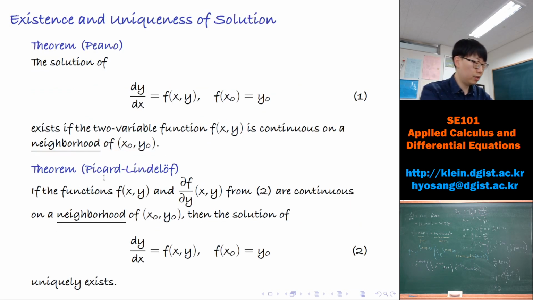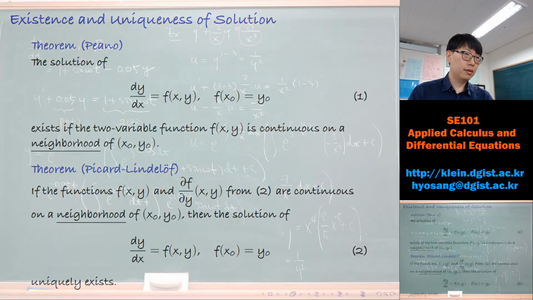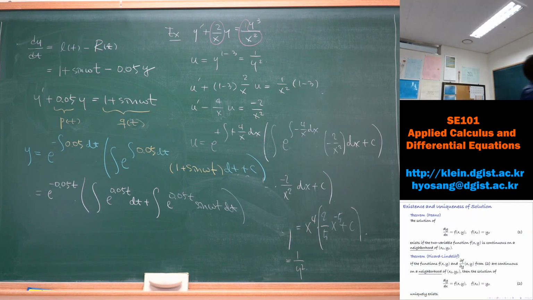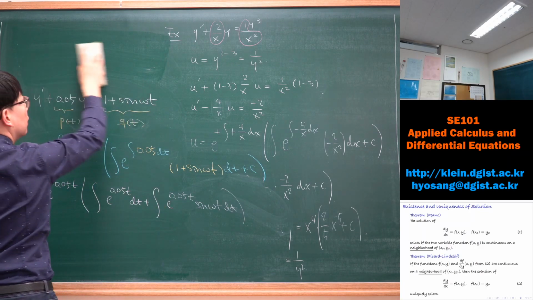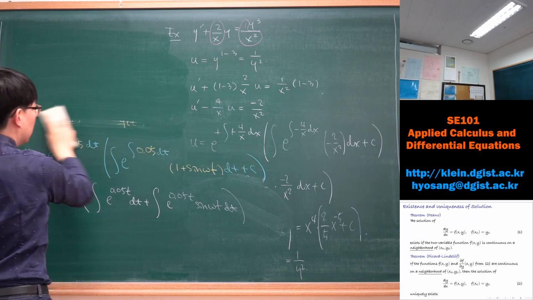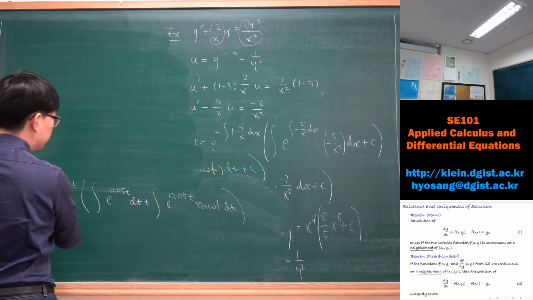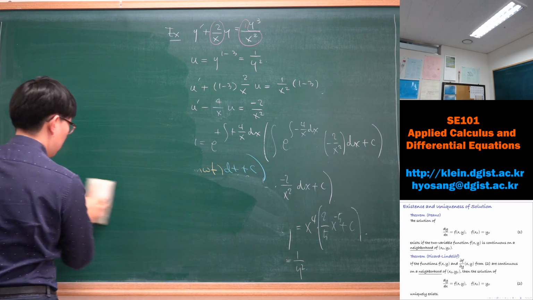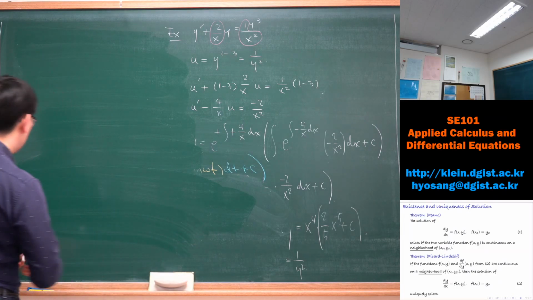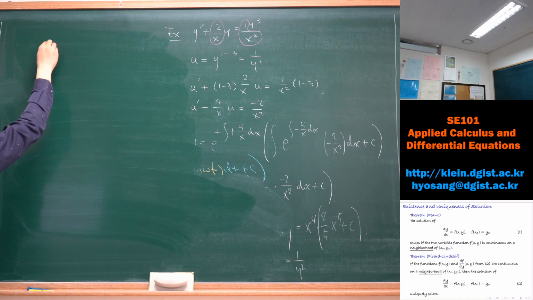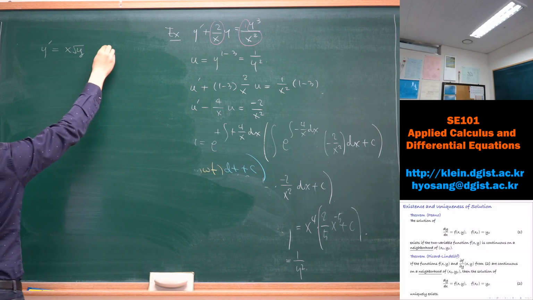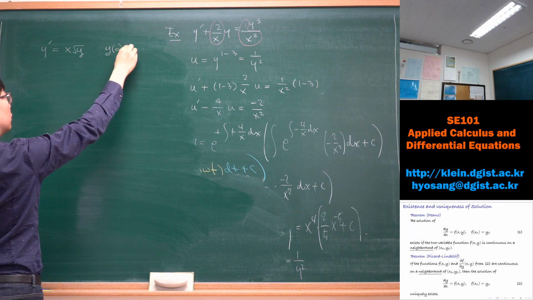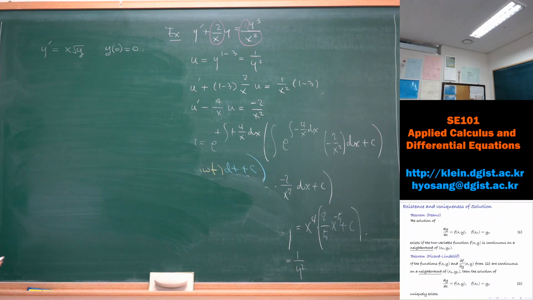So let me just give an easy example. When you have y' equals x times the square root of y, and the initial condition is y(0) equals 0.